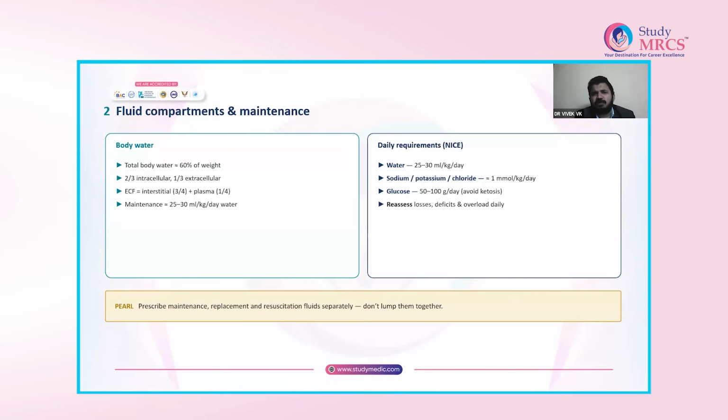Always reassess the losses and the deficit, and give the fluid accordingly. The key aspect is to always describe the maintenance fluid, the replacement fluid, and the resuscitation fluid separately. You never lump them together.